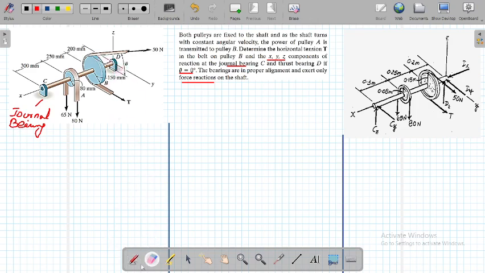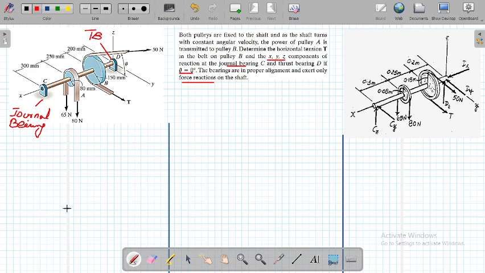I will make a symbol to show that this is your thrust bearing.